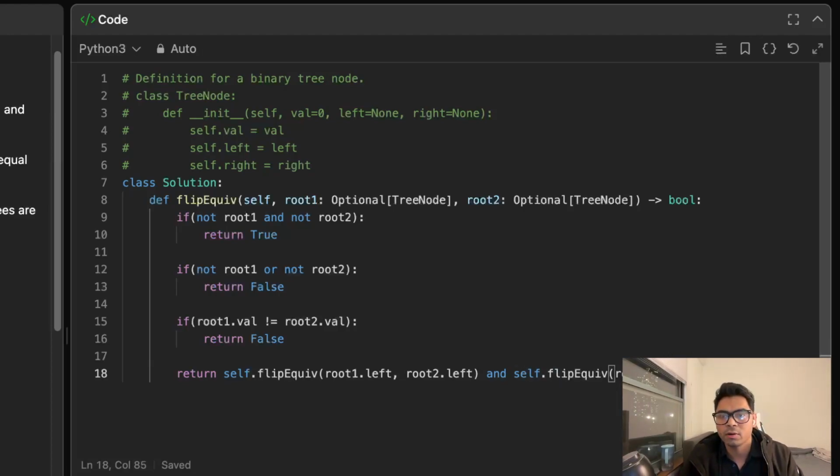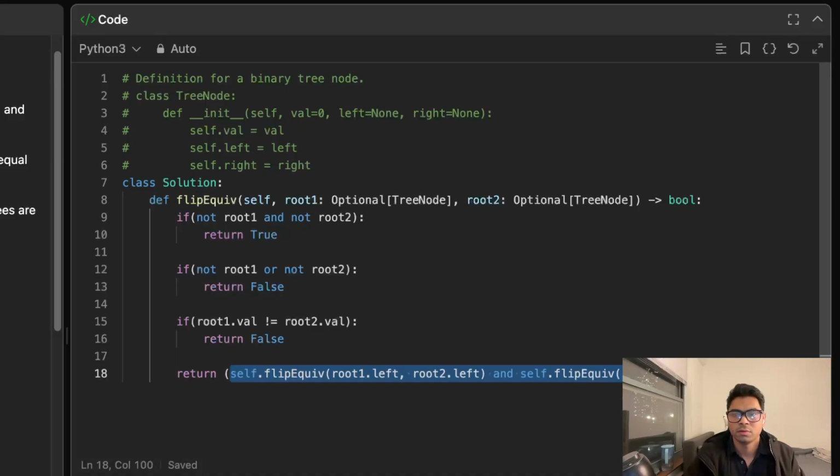All right, we're checking all of it, not just the left side and right side. This together, or we check left to right and right to left.